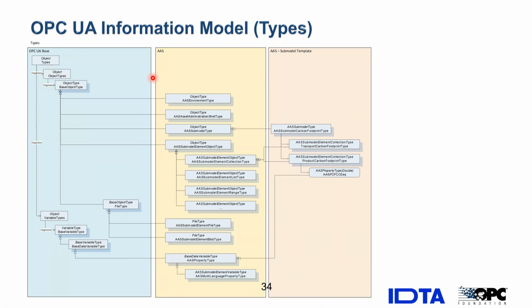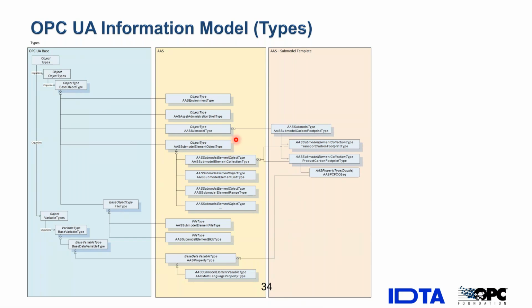And in the yellow part, we just add the AAS types. I cannot really read those small letters here. So we have the AAS environment type, for example, and the submodel type and so on. This is the yellow part, and those are the base types of the AAS, and they are inherited from the base types of OPC UA, like the object type or the variable type.